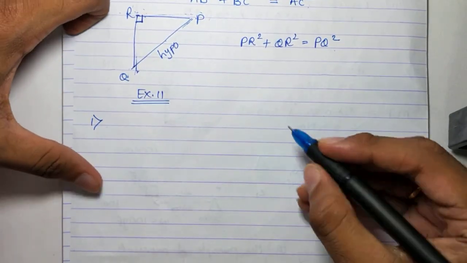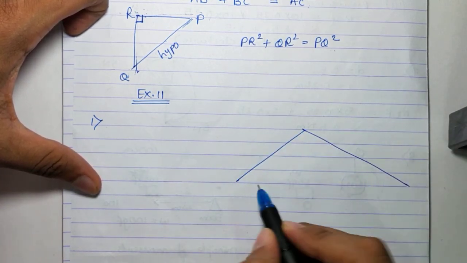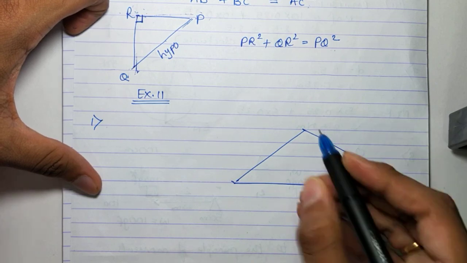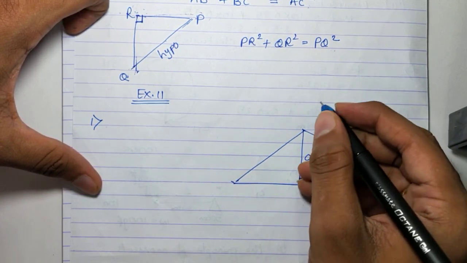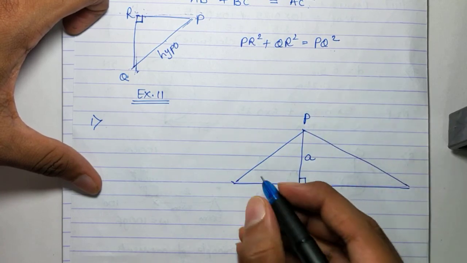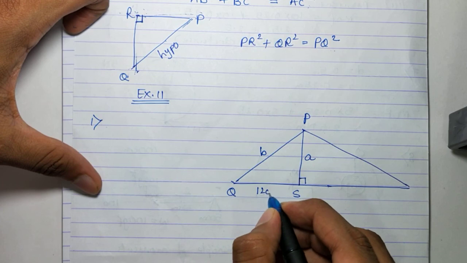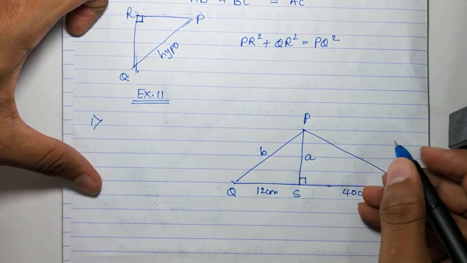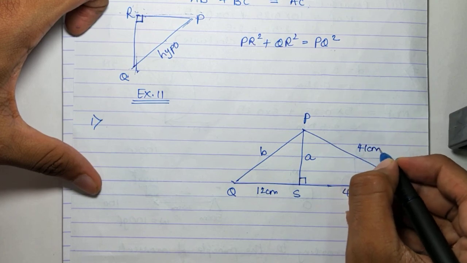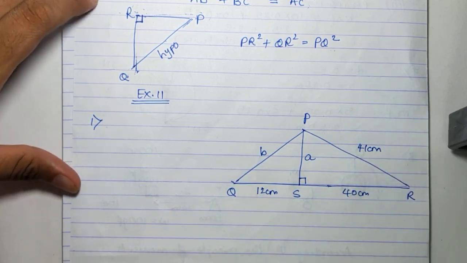In the first sum, we have a diagram where this side is A, side PS, B, 12 centimeter, 40 centimeter, 41 centimeter, and here is r.